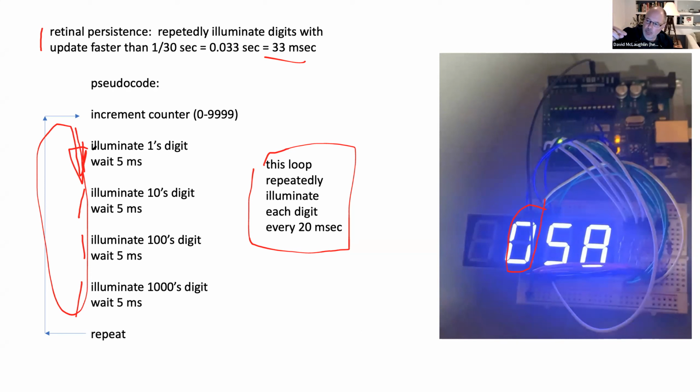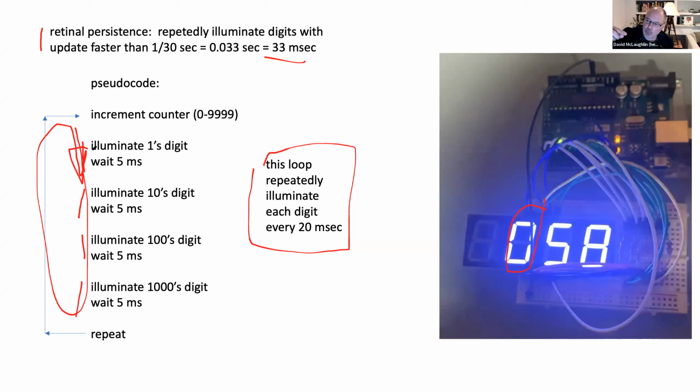I just wanted to show you how you can modify the code so that you can make it count at any rate you want. I've got an outer loop that's controlling the counting, the ring counter, but then inside I have this tight inner loop that's illuminating these digits with a 20 millisecond update cycle.